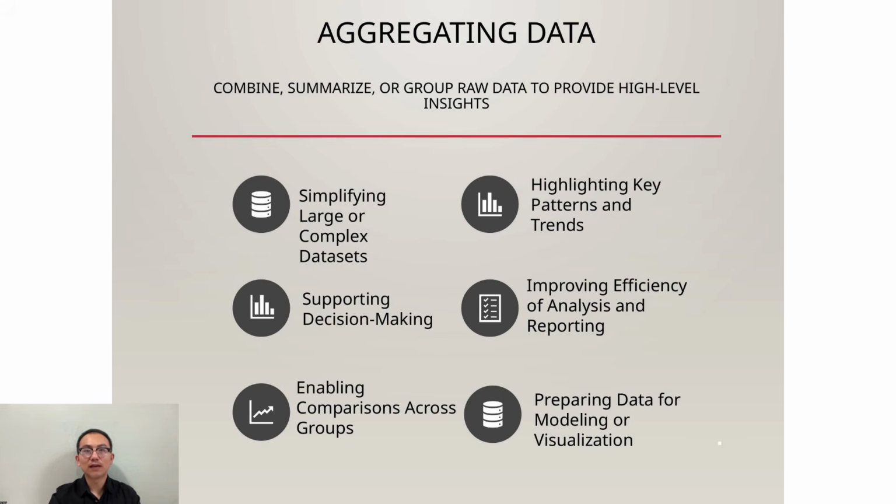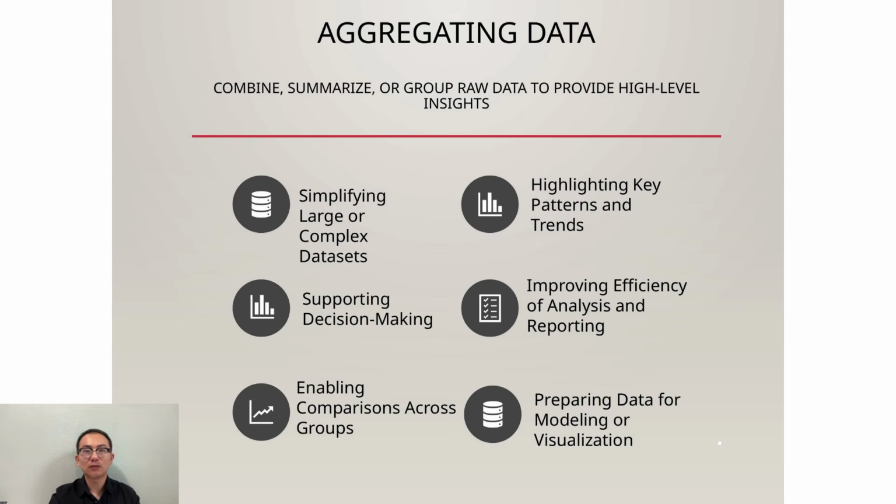Instead of looking at every single record, aggregation helps us group the data to spot patterns and trends more easily, especially when working with large data sets. For example, if you have millions of transactions, it's not practical to go through them one by one.